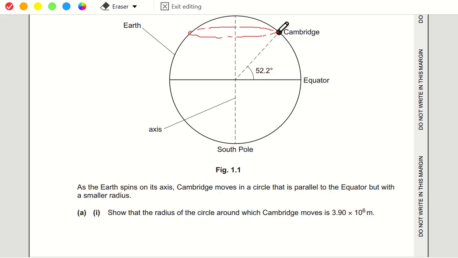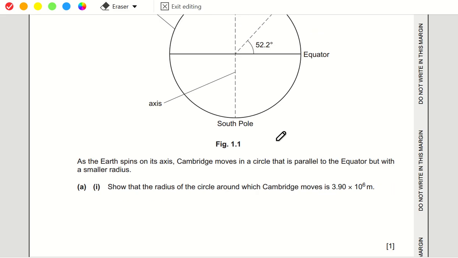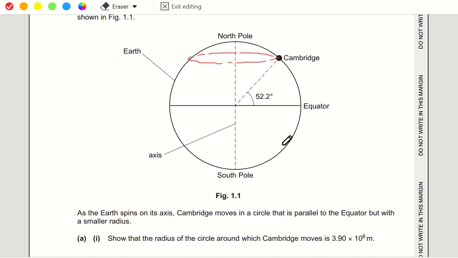Okay, so the radius of the circle around which Cambridge moves is 3.9 times 10 to the 6. From the geometry, this distance, which is the radius of the circular path of Cambridge, is equal to this distance.